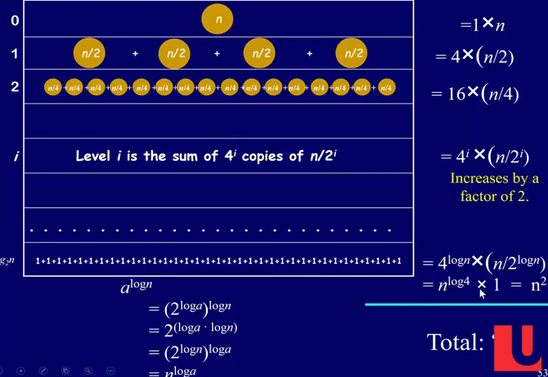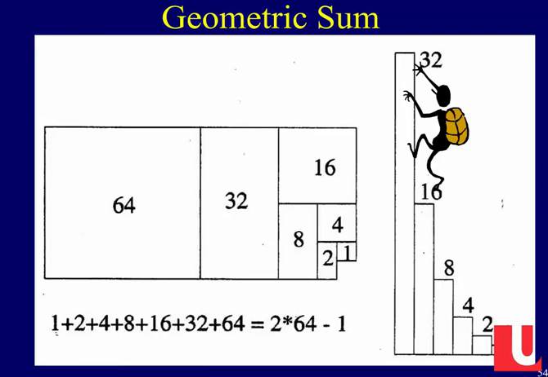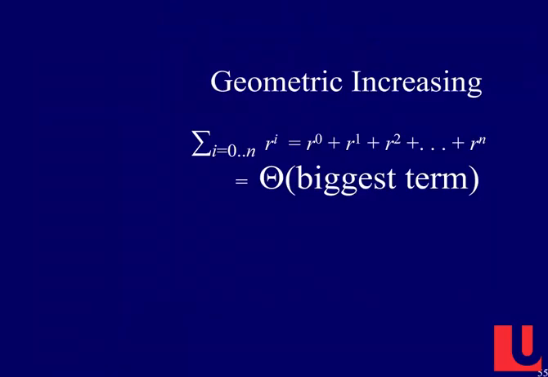Now, how do you add? Well, luckily, I told you that if the terms go up multiplicatively each time, then it's a geometric sum, and the sum is dominated by the biggest term, right? So one thing you should know how to do is how to add this up, but the moral is that it's dominated by the biggest term, right? Which you might think is this.